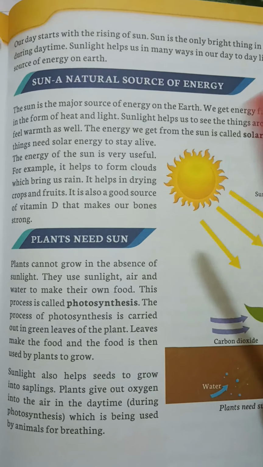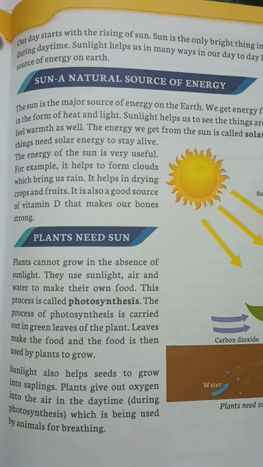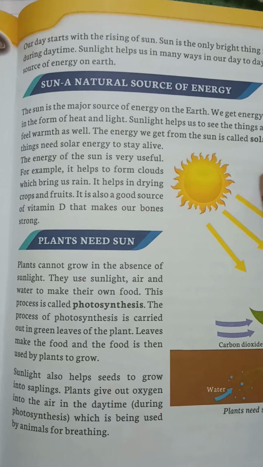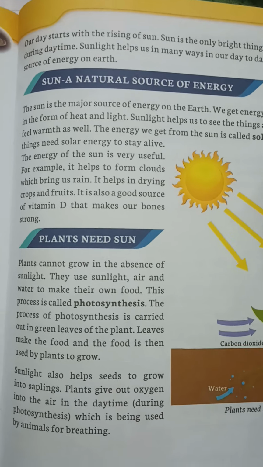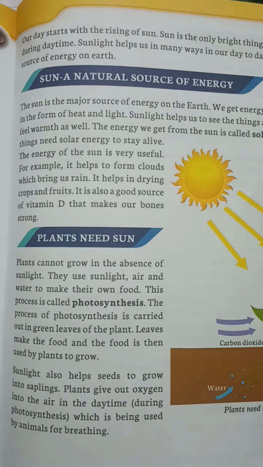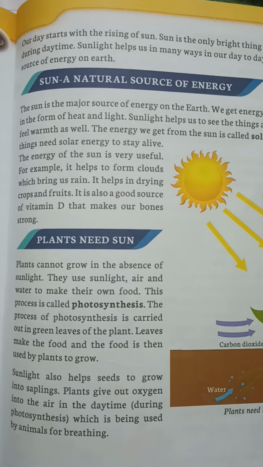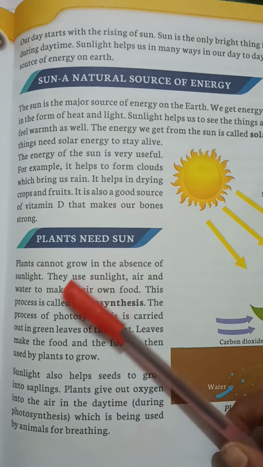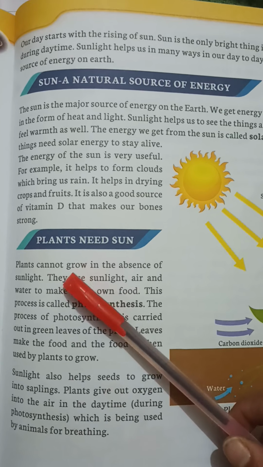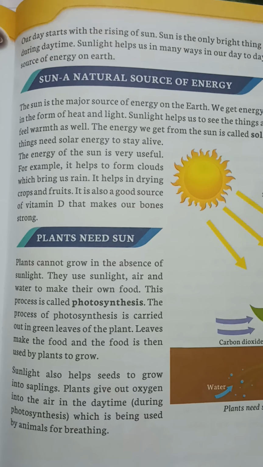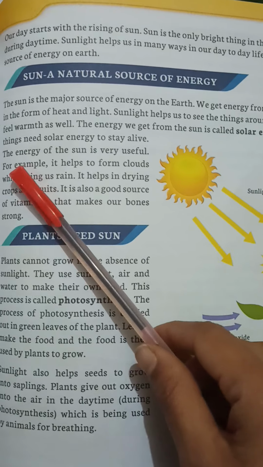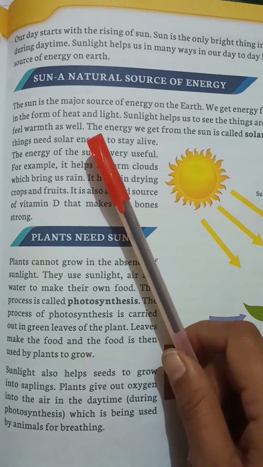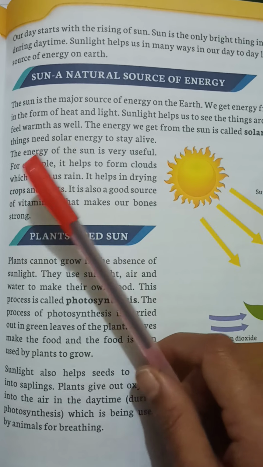We cannot adapt to that particular climate, and we cannot survive because we need enough heat and sunlight to survive on earth. We cannot simply go and live at the South Pole, the North Pole, or the Arctic region. That's why solar energy is very essential to survive on earth.